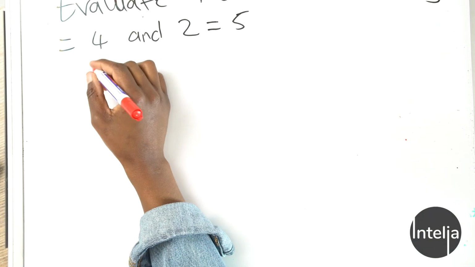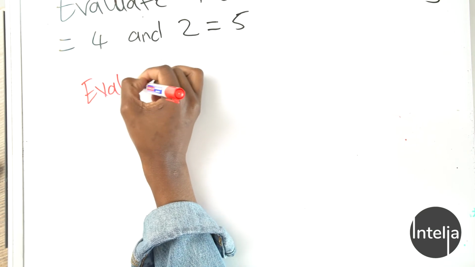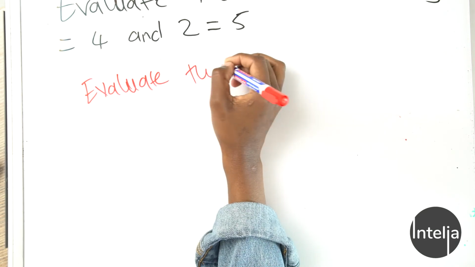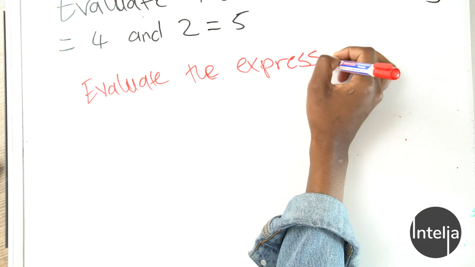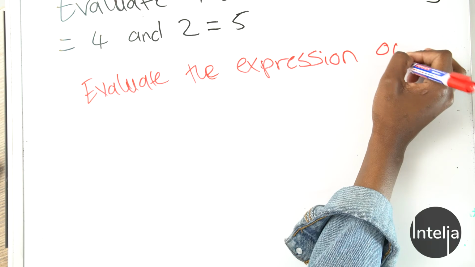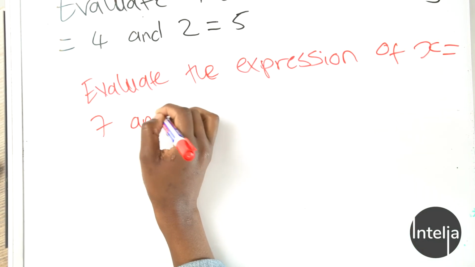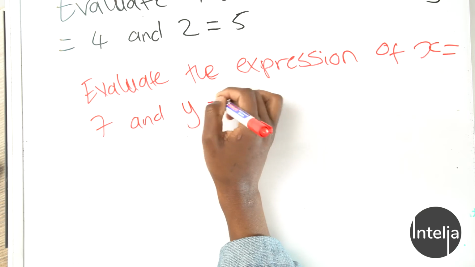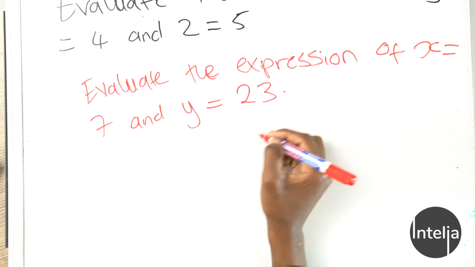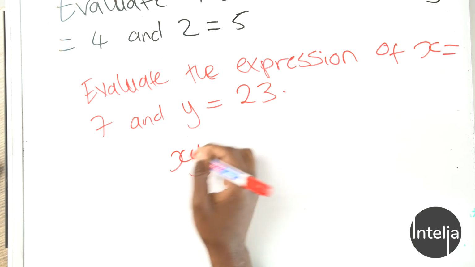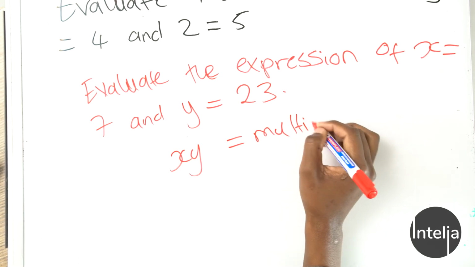The next one, it says evaluate the expression of x is equal to 7 and y is equal to 23, and then it says xy. So xy, we're going to multiply.